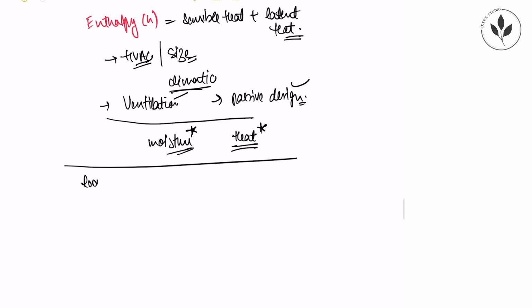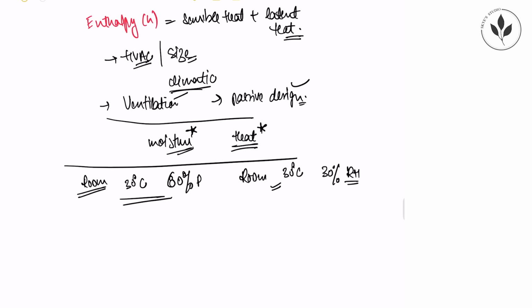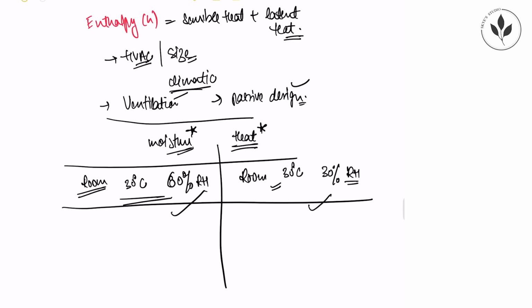Suppose you have a room and the temperature of the room is 30 degrees Celsius and the relative humidity is 60%. And in the same room, if you have 30 degrees Celsius temperature and 30% relative humidity, which of these situations will have more enthalpy?